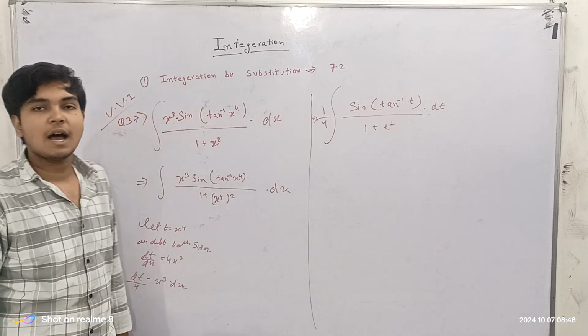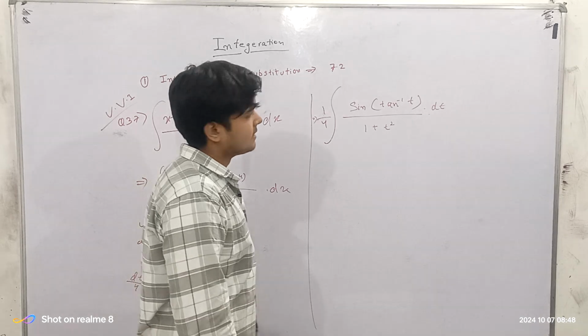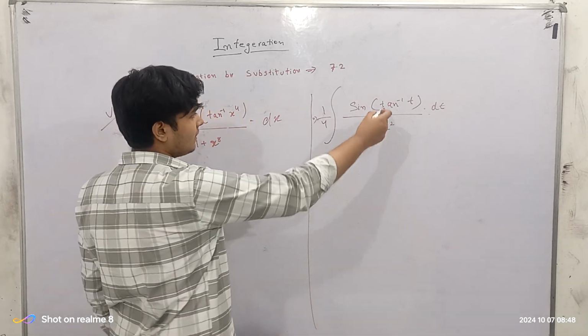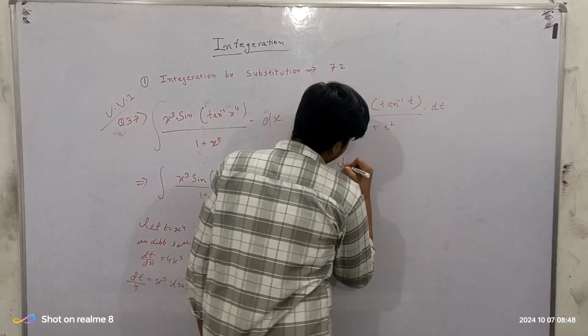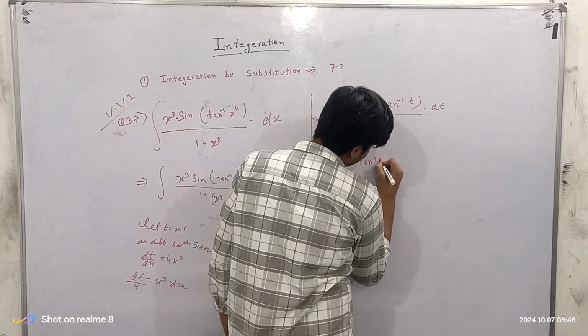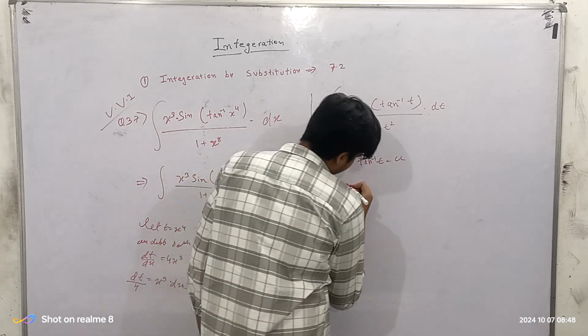Now again we can see that on differentiating this value we will get this value. So can we differentiate two times? Yes, we can. If a question is like this, then we differentiate two times. We can clearly see that if we differentiate tan inverse t, this will be given. So let tan inverse t equal u. We take u here because t we have already taken.